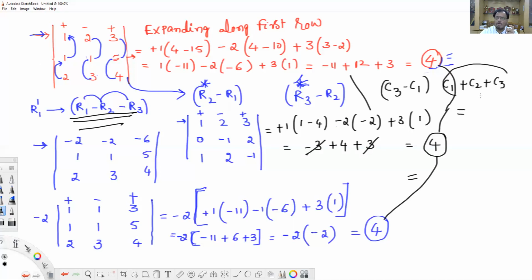You can add columns, you can subtract columns. You can multiply every element of any row by the same number and it can be added to the corresponding elements of any other row or column. Even though, look here, the value of the determinant definitely remains the same.